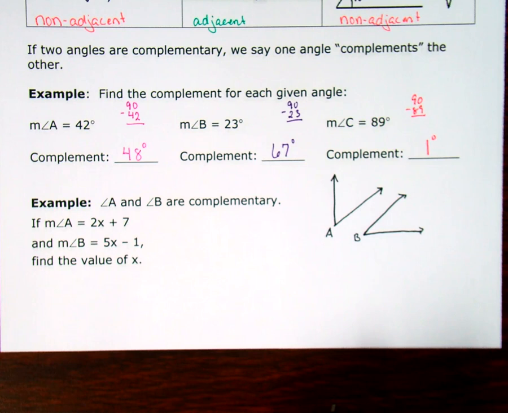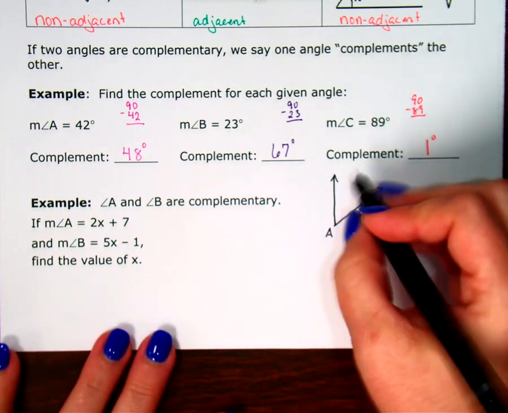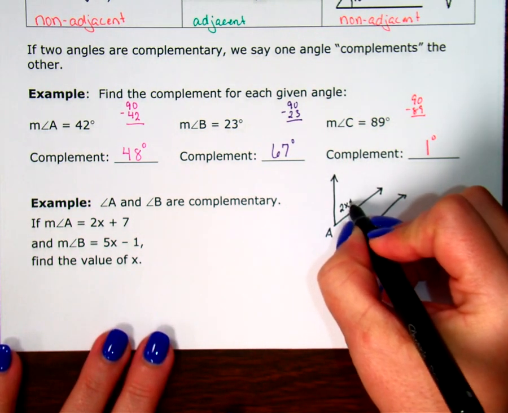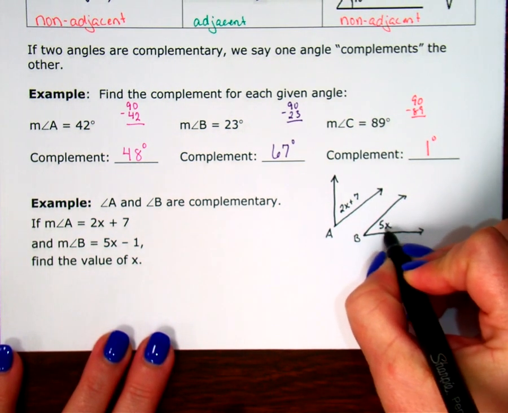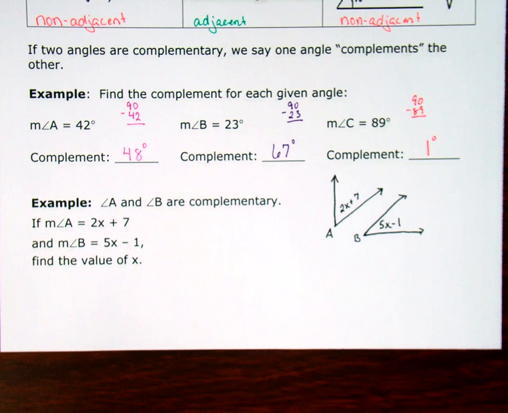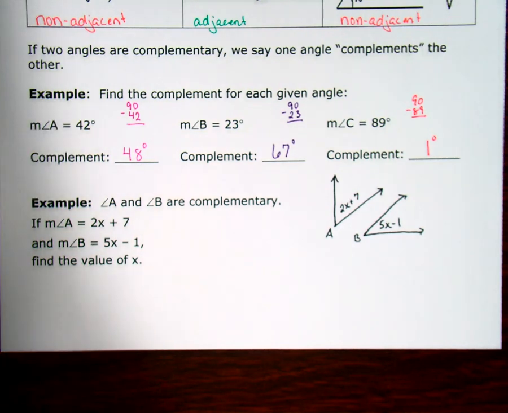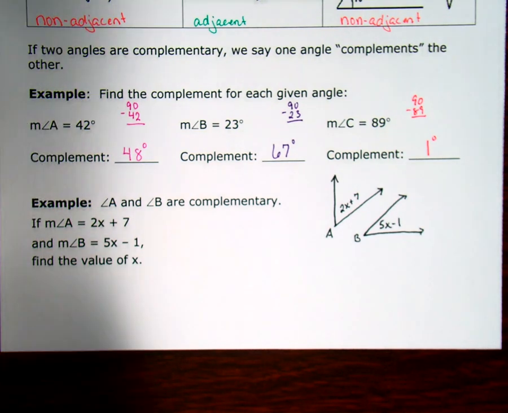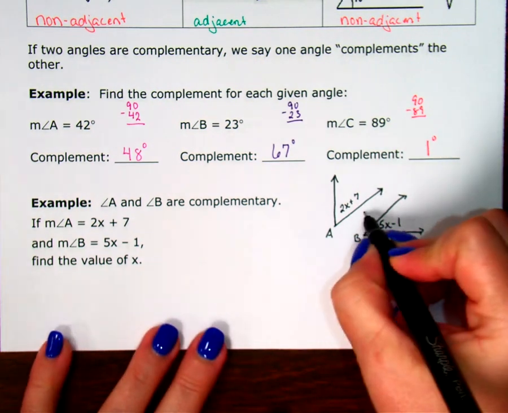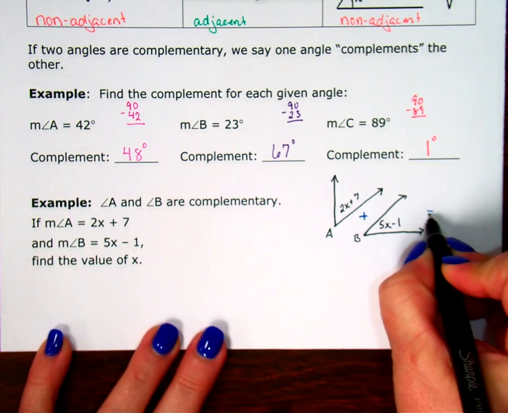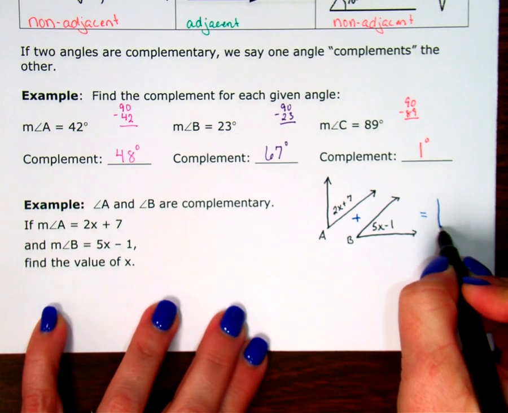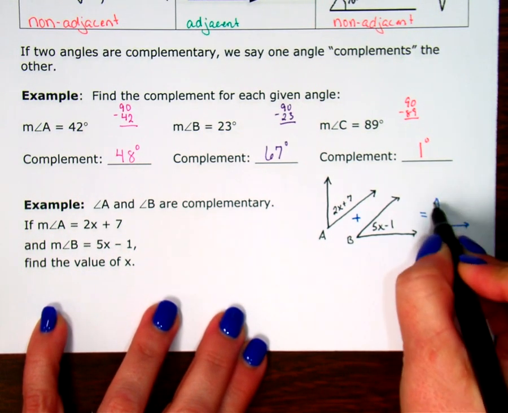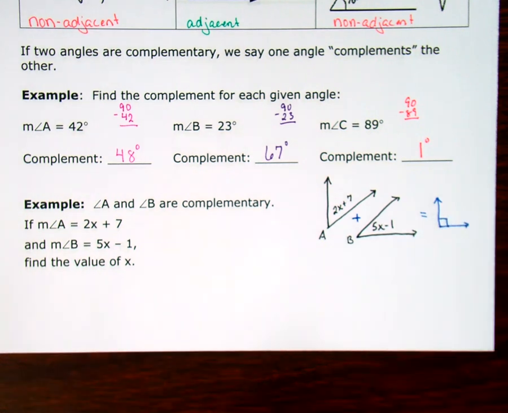Okay? So angle A is 2x plus 7, and angle B is 5x minus 1. I know that they're complementary, which means if I take those two angles and I add them together, so if I slide those two angles right next to each other, they're going to make one big 90-degree angle.